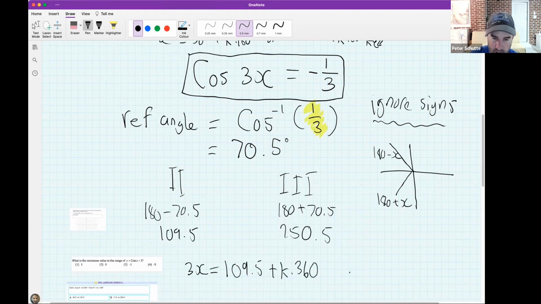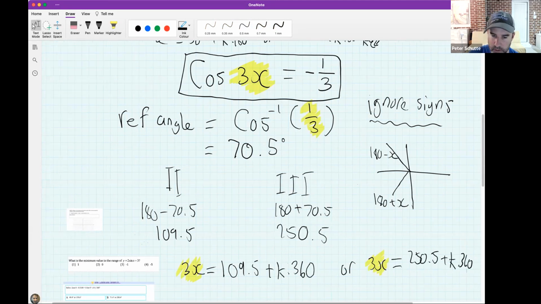I know this is getting a bit of a mouthful, or 3x. So notice how I'm just taking this thing that was here and it's suddenly reappearing here. So 3x equals 250.5 plus k times 360.